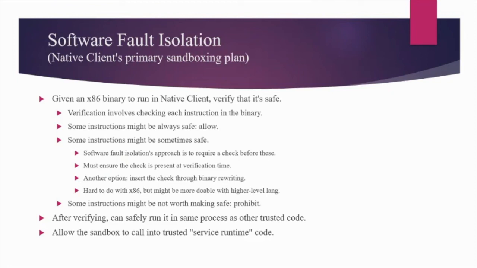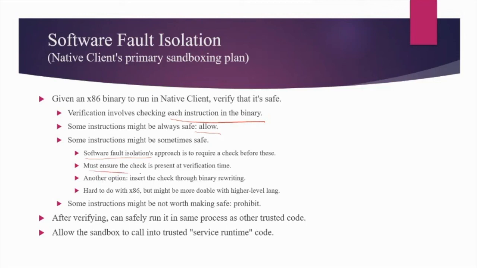Okay, so given an x86 binary to run in native client, we will verify that it is safe. Okay, so verification involves checking each instruction in the binary. If the instruction is safe, we will allow it. Some instructions might not be safe, so we will follow the software fault isolation approach and do all the checks before actually executing it.